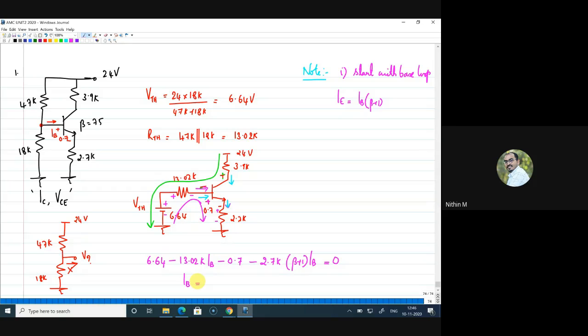So it is 6.64 minus 0.7 divided by 13.02 K plus 76 into 2.7 K. So this is 27.2. Very good, IB is 27.2 microamps. Very good, Kartikeya. Kaushik, can you tell me what the IC and IE values are?